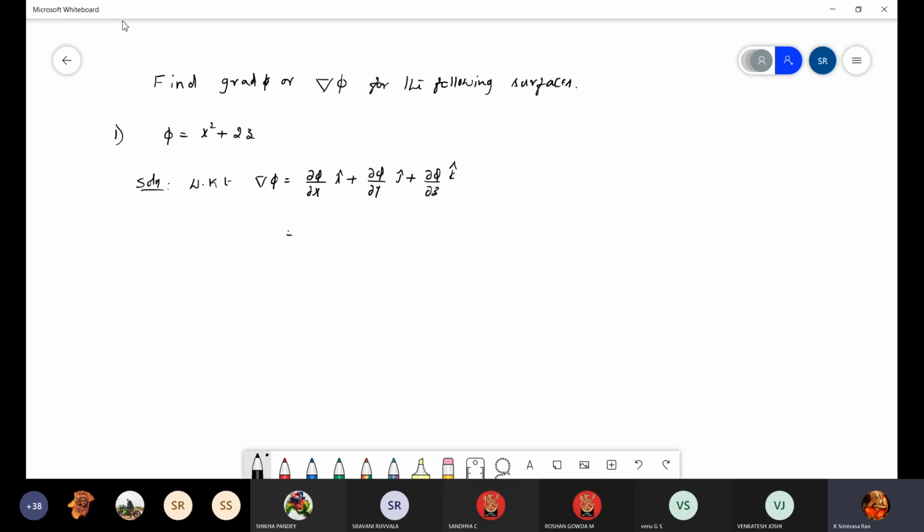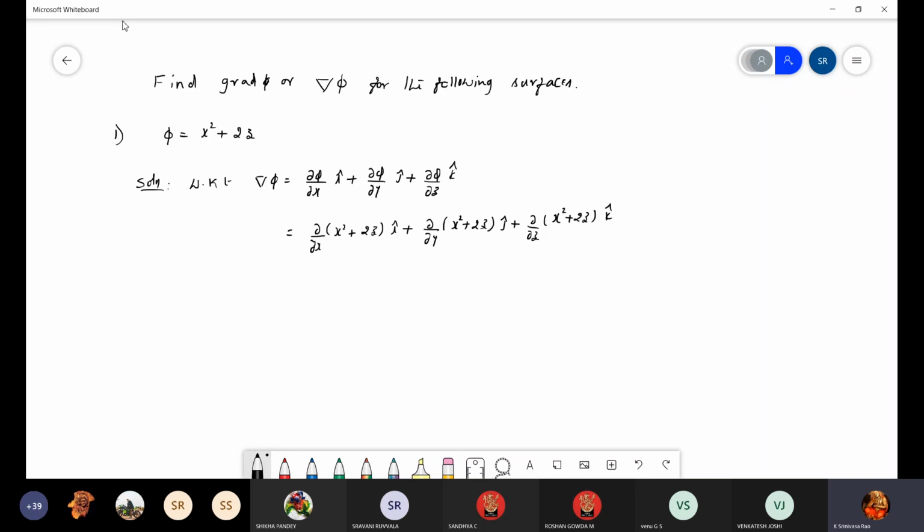That is equal to dou by dou x of phi, so substitute phi equals x square plus 2z, i cap, plus dou by dou y of x square plus 2z j cap, plus dou by dou z of the same x square plus 2z k cap.